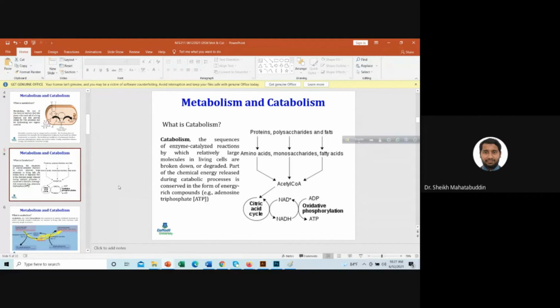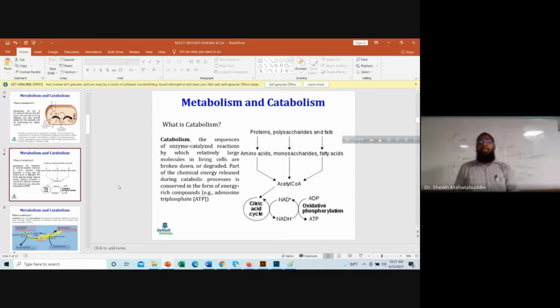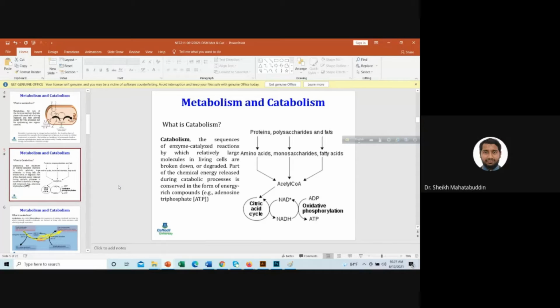This protein should not be equal to the protein found in the cow. It should be compatible with your body. And the catabolism and anabolism processes basically help you to convert any kind of food into a format of your body. That's it. The basic principle of metabolism and catabolism.